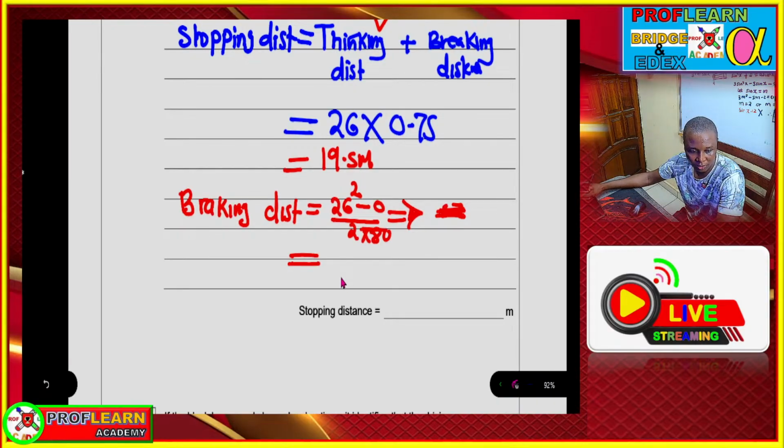If we work it out, it is going to be 42.25.